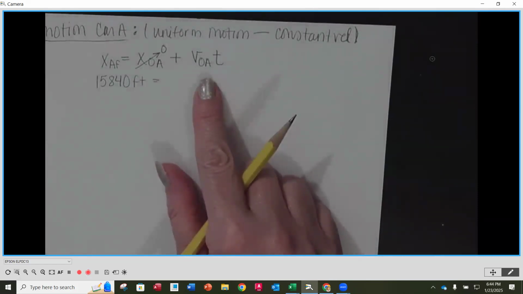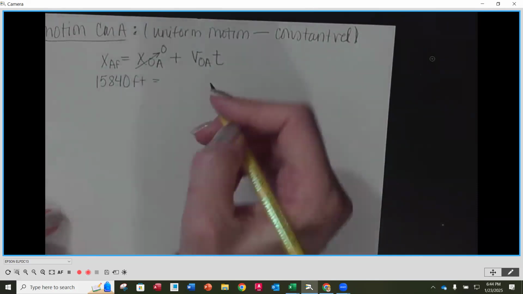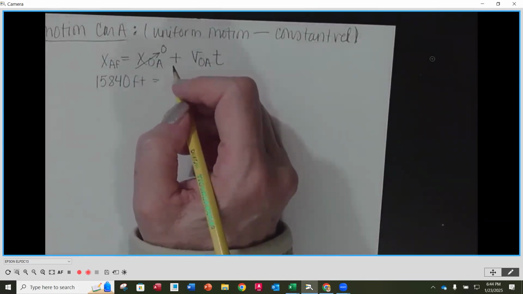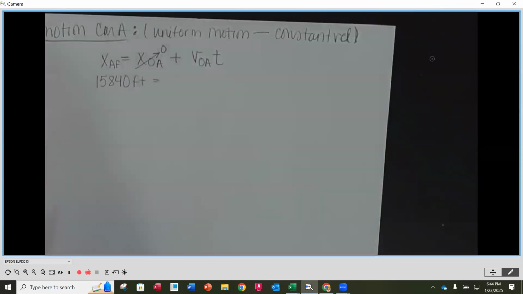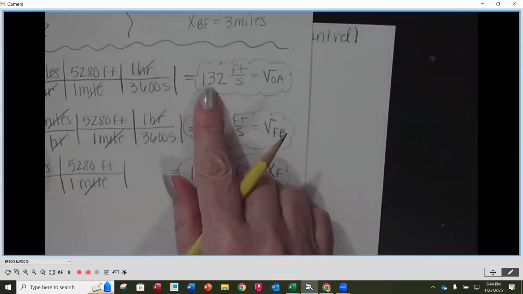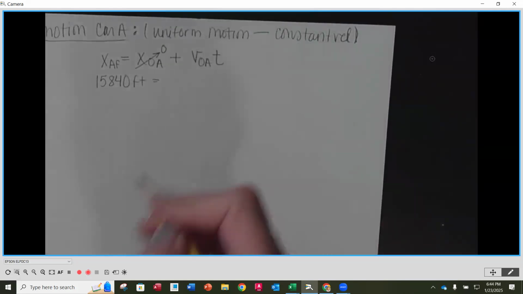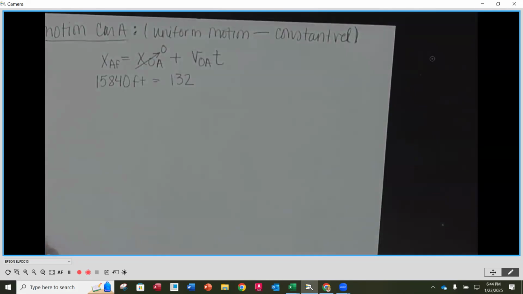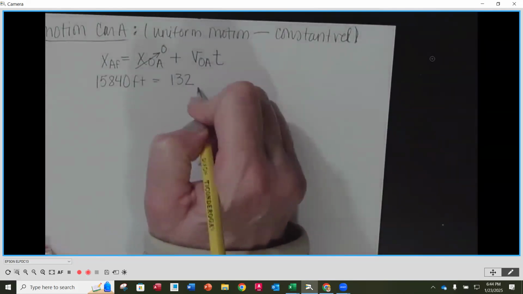And the original velocity of A was 90 miles per hour, but we converted, and VA, if you remember, is 132 feet per second. So that means that our V original A is 132. Now it remains the same second after second after second, but that's going to be the value that it starts out at. And then the amount of time that passes, we don't know.